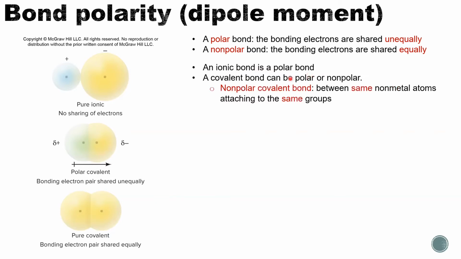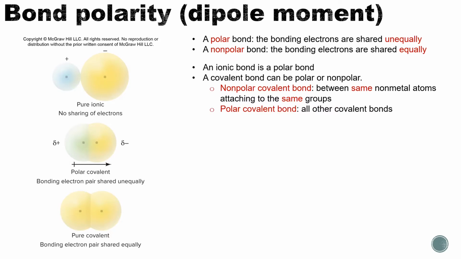If the covalent bond is made by the same non-metal atoms attached to the same groups, in other words, these two non-metal atoms are the same and their environments are also the same, the bond is a nonpolar covalent bond. All other covalent bonds are polar covalent bonds.